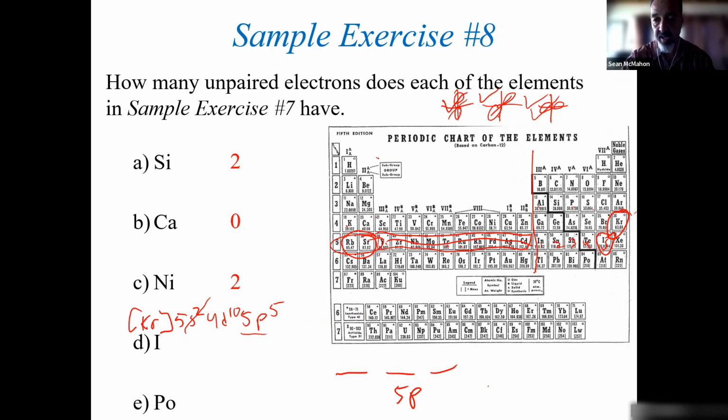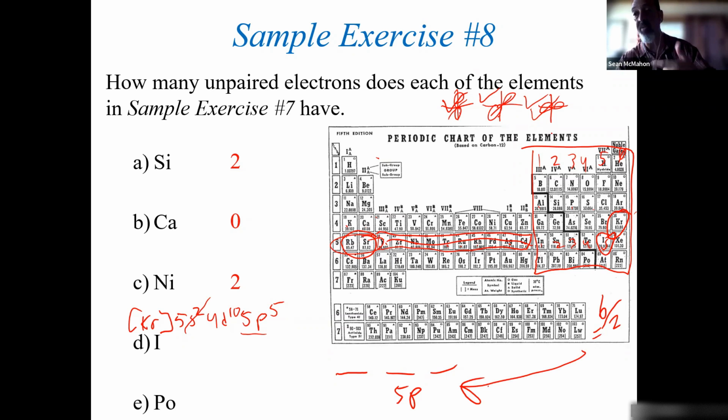How do I know that? Here's the p block. How many positions? 1, 2, 3, 4, 5, 6. 6 divided by 2 equals my 3 p orbitals. They're the same shape as 2p, 3p, 4p, but if they're in the 5th energy level, they're just further away from the nucleus, but they have the same shape.